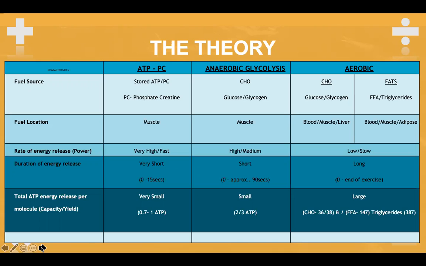The anaerobic glycolysis system, however, uses carbohydrates, or CHO, as a fuel and breaks it down into glucose and glycogen before it's turned into ATP, or energy, and is also located within the muscle. The aerobic system, however, uses carbohydrates as well as fats.